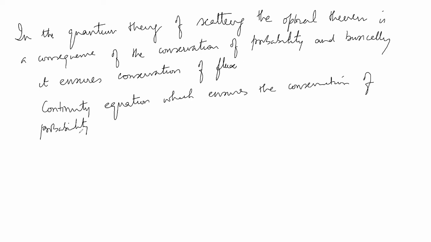Now here, this will be the probability of particles, and that we are talking about, that the total number of particles which were initially in the beam must be equal to the total number of particles which have got unhindered, unscattered, plus the number of particles which have got scattered. Now, del dot J plus del rho by del t is equal to 0 is nothing but the continuity equation.